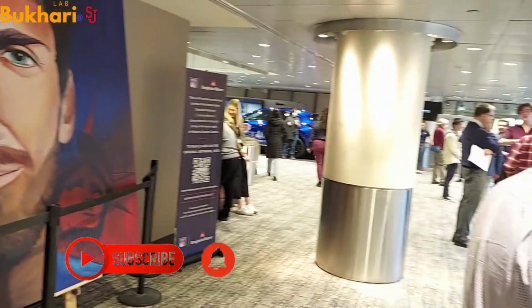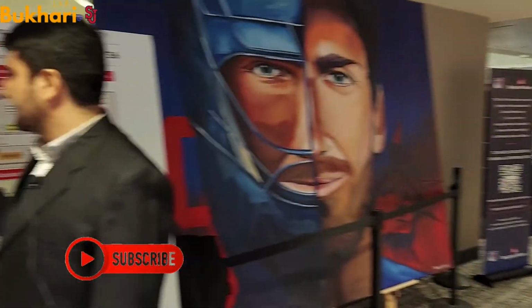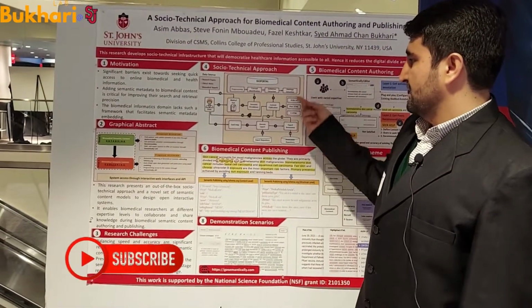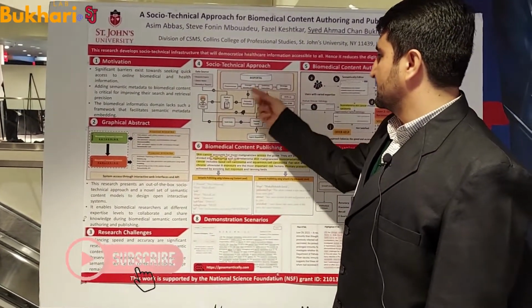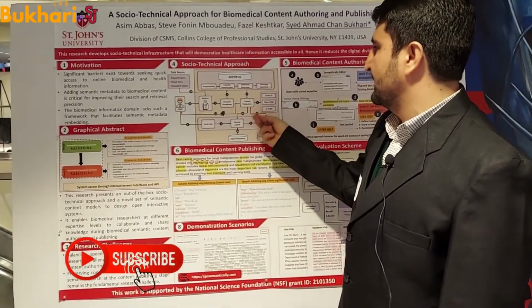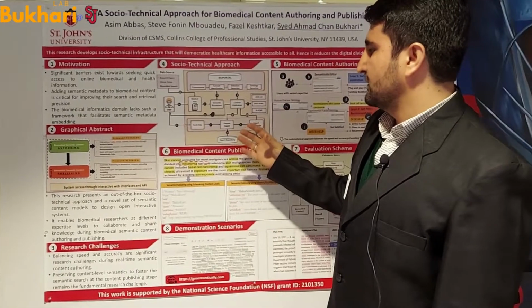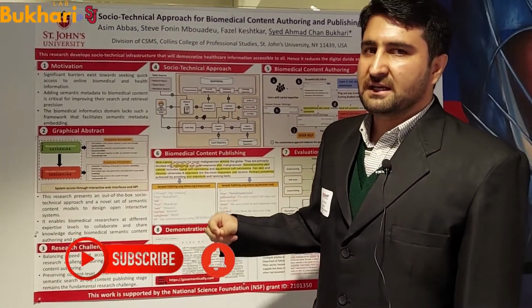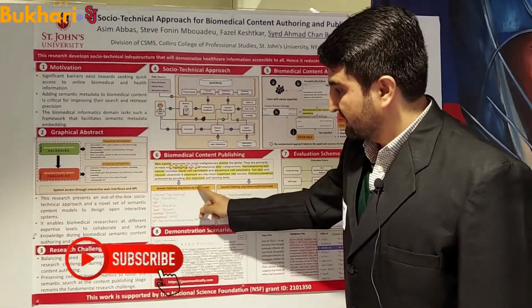So after getting help from the domain expert, the expert will recommend or give the annotation to this biomedical content which we get from the BioPortal at the initial level. Here we are using BioPortal to get the semantic information at the content level, just shown here.